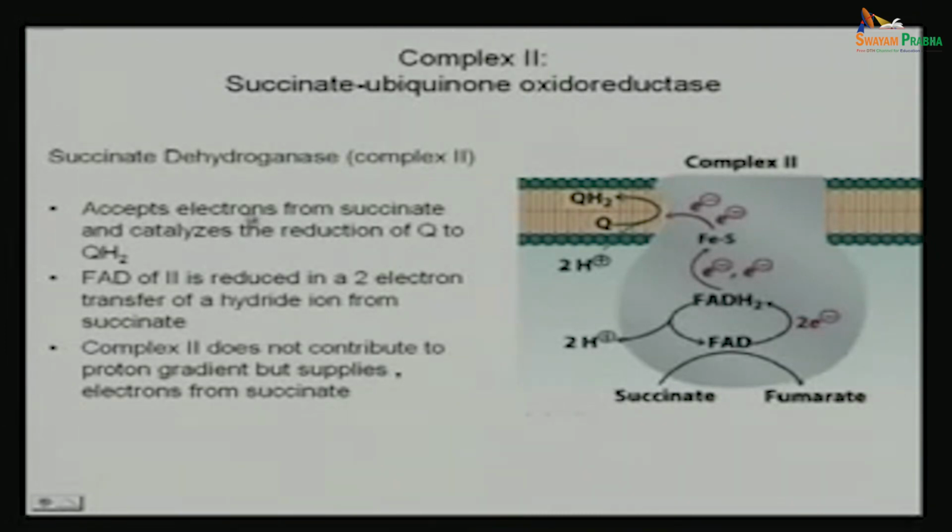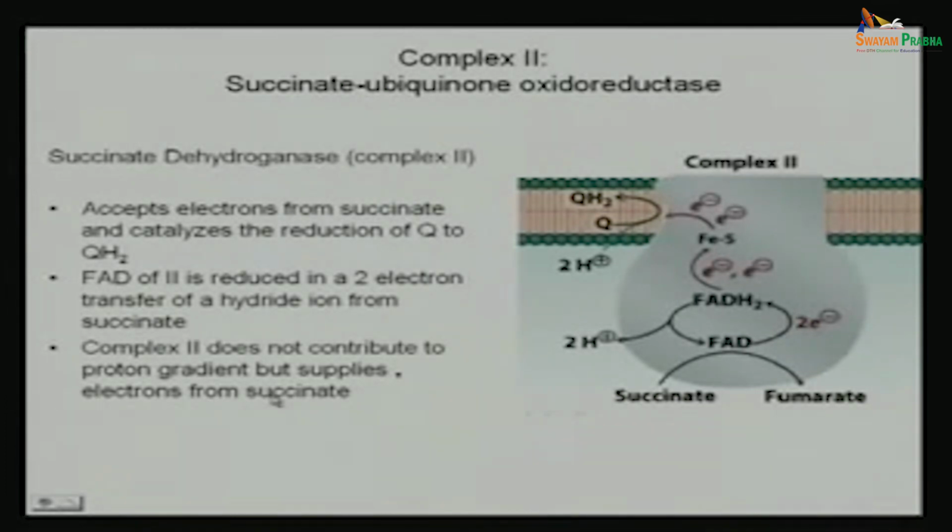It accepts the electron from succinate and catalyzes the reduction of Q, ubiquinone, to QH2. FAD of complex 2 is reduced in a 2 electron transfer of a hydride ion from succinate. Complex 2 does not contribute to the proton gradient but supplies electrons from succinate.